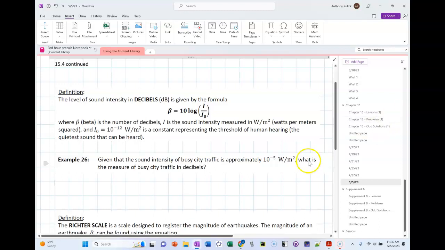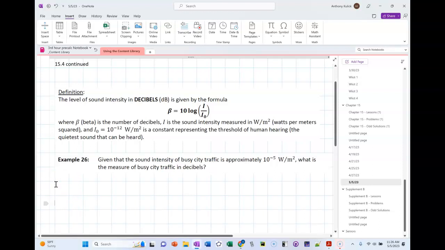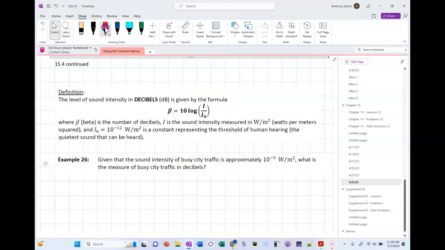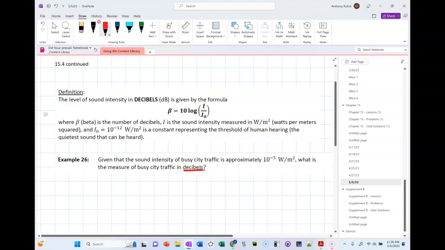Here it says, given that the sound intensity of busy city traffic is approximately 10 to the negative fifth watts per meter squared, what is the measure of the busy city traffic in decibels? It's asking for decibels, so we want to solve for the beta.